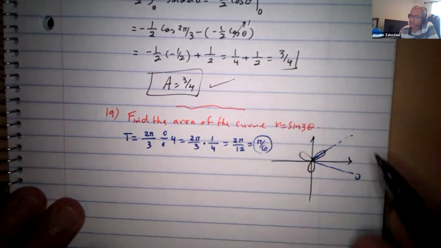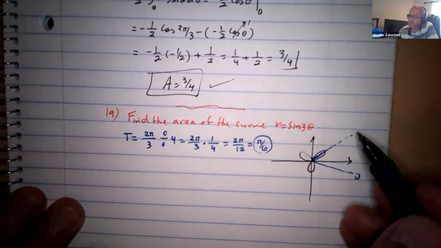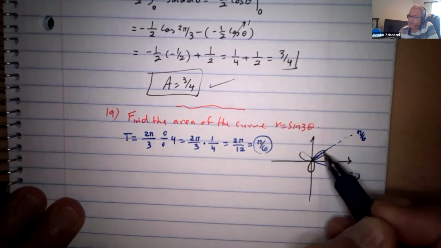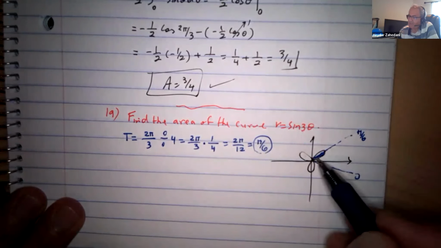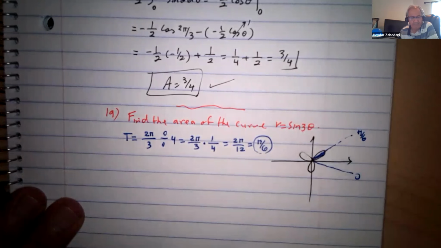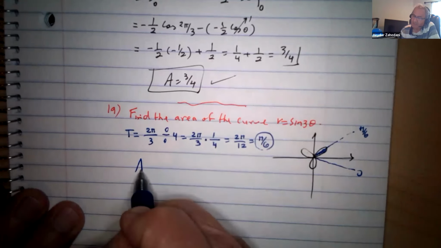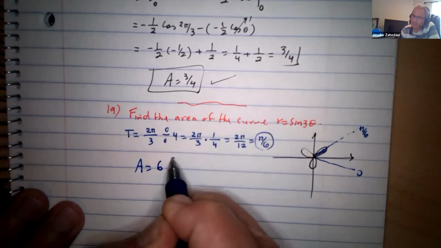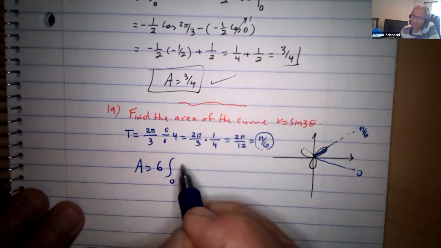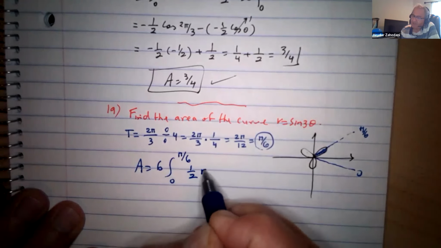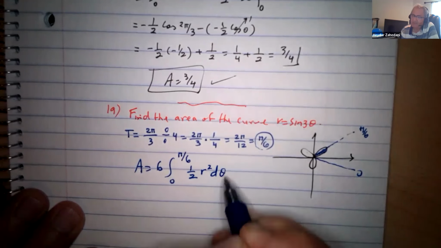So that's the important part here. This is going to be π/6. So what you can do is find the area of half of the petal, and then you multiply by 6. So the area is going to be 6 times the integral from 0 to π/6 of 1/2 r squared d theta.